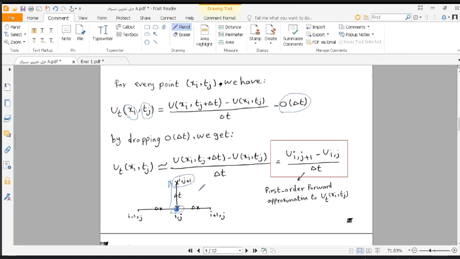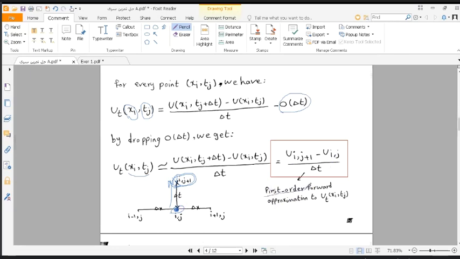This is forward because we compute u_t at x_i and t_j and we use u at x_i and t_{j+1}. We have u with the indexes i and j plus 1 minus u with the index i and j, over delta t. It is the first order.